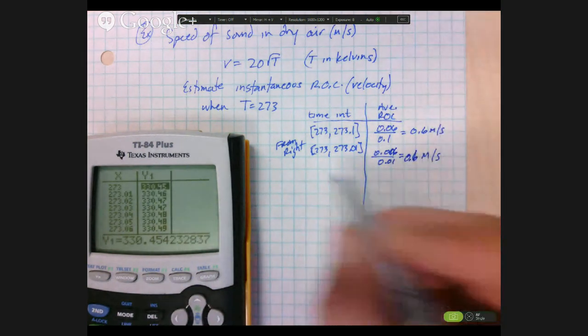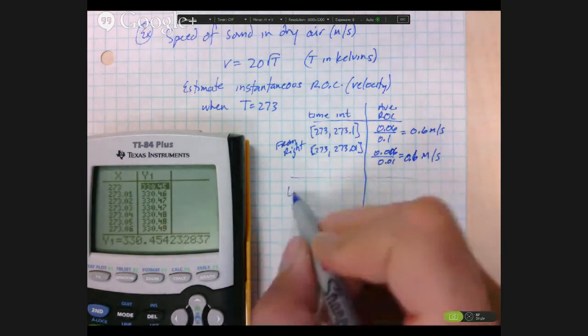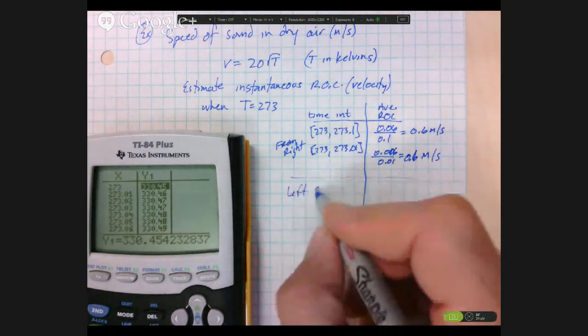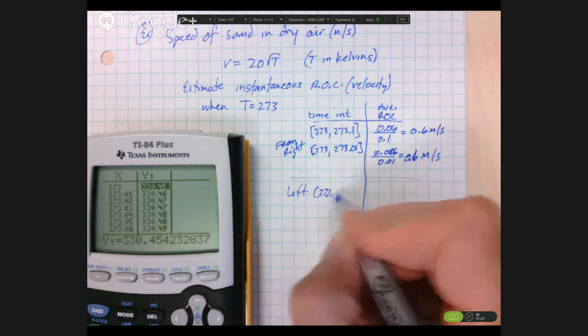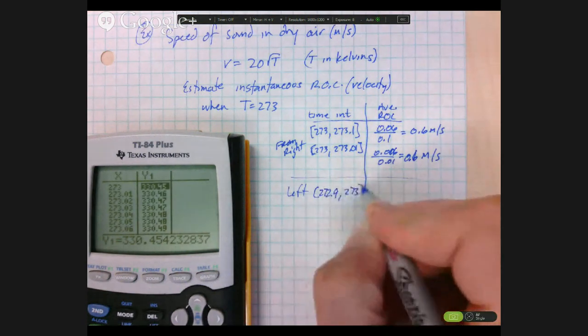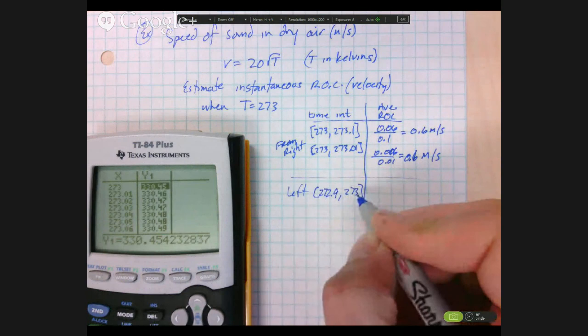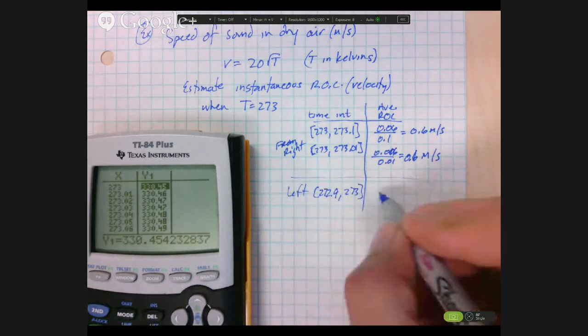The other way to do it is from the left. You're going to go from 272.9 to 273, and you'll probably get 0.60528.